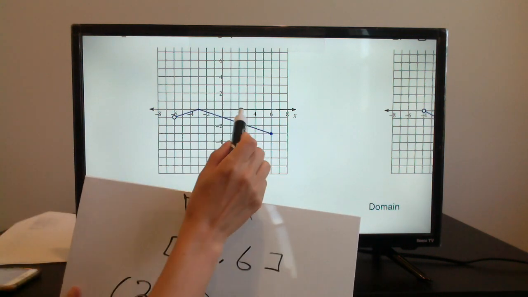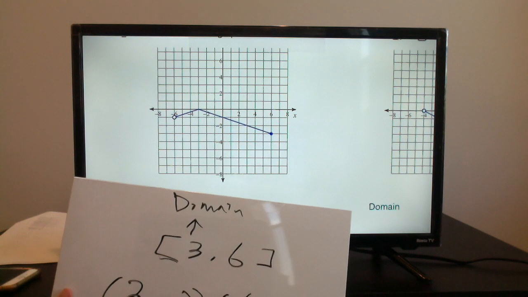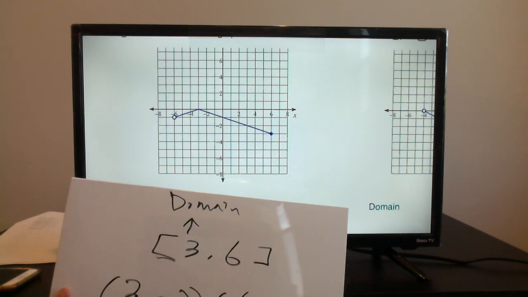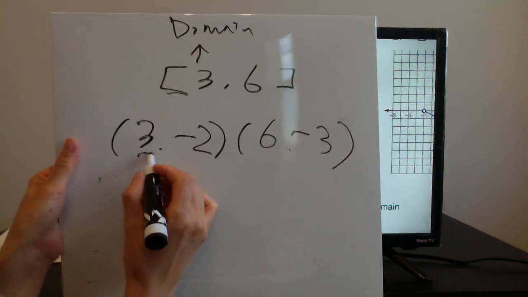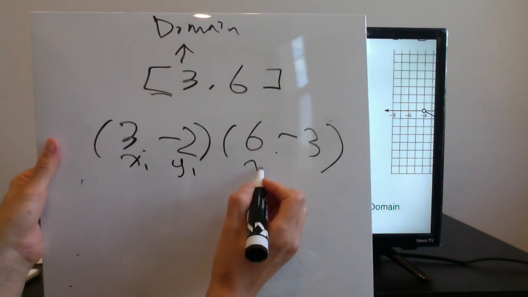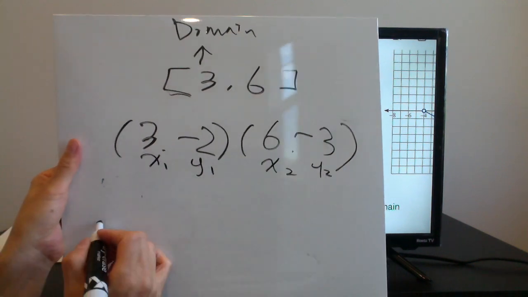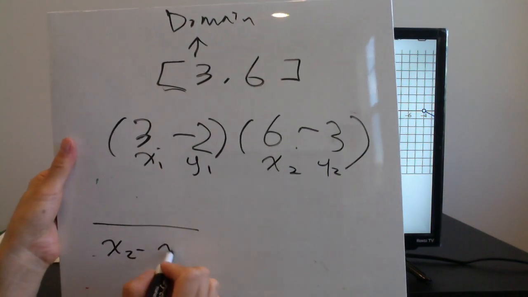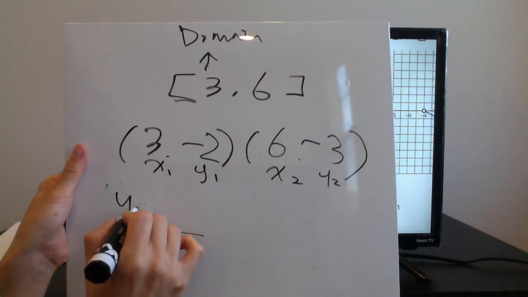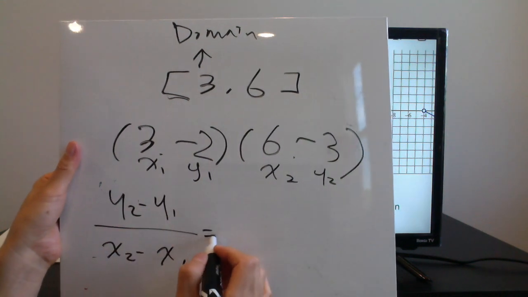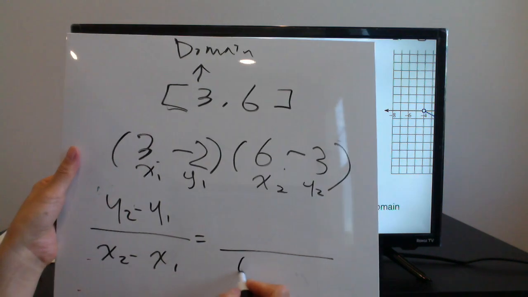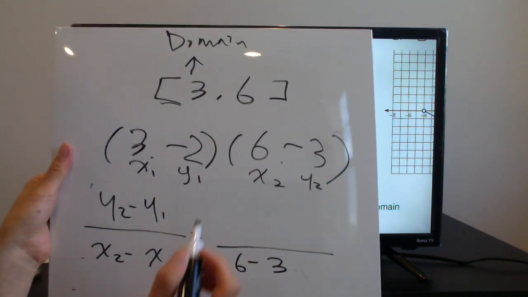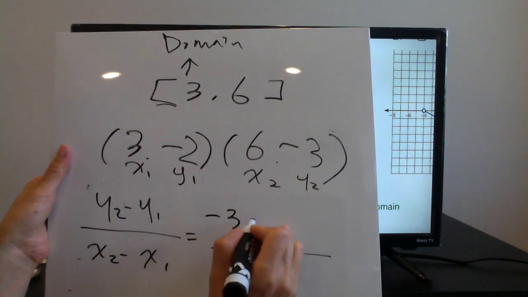So 3 minus 2, 6 minus 3. So x1, y1, x2, y2. The rate is this minus this, this minus this.